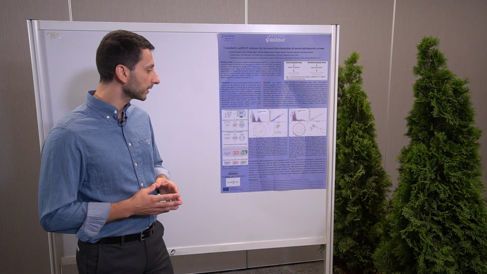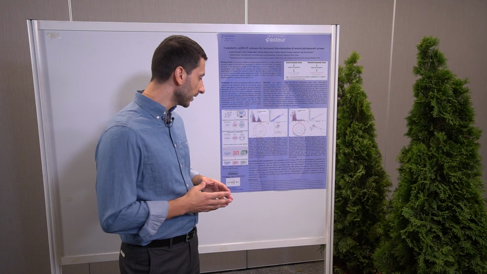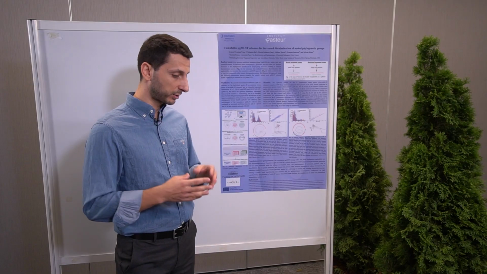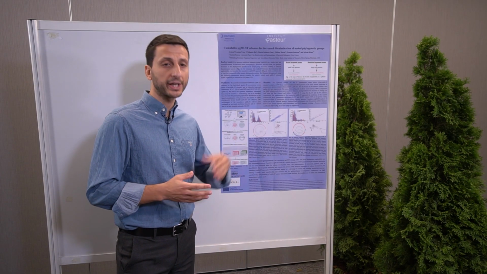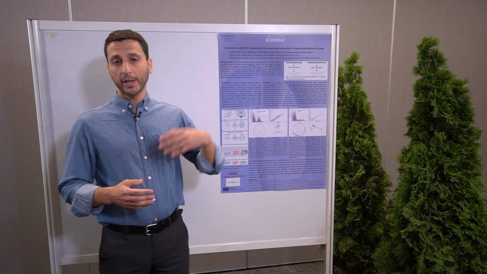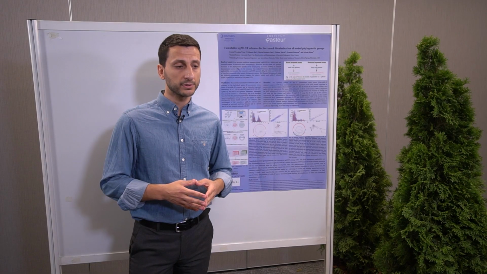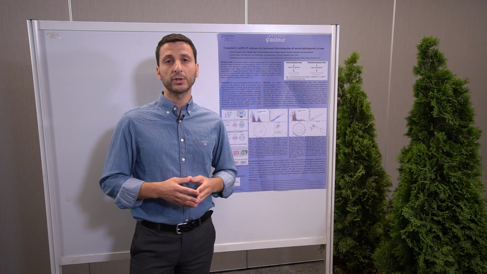And by doing so, we could apply cumulative cgMLST on existing phylogroups or even emerging phylogroups, and this can offer us a very robust, rapid, user-friendly, and very sensitive tool for bacterial genotyping.